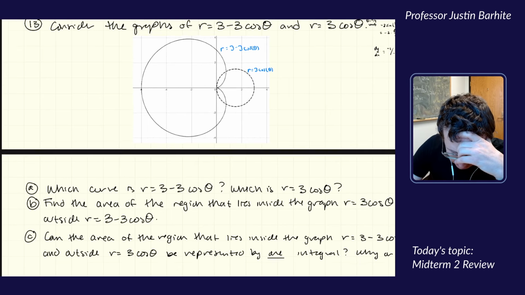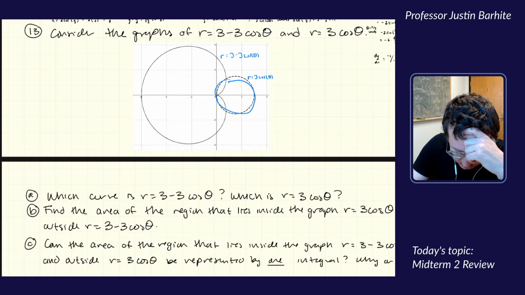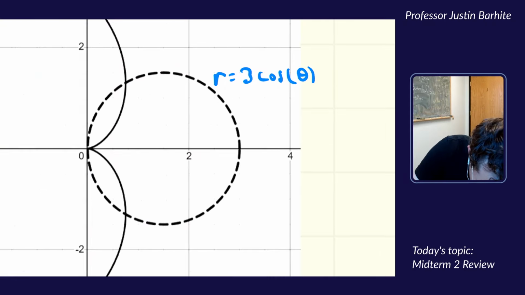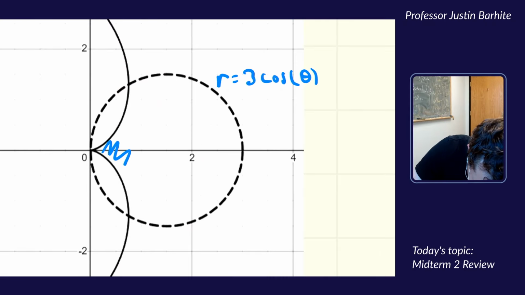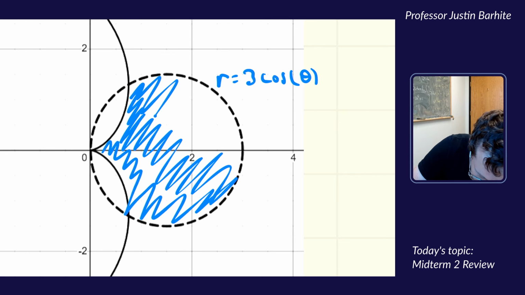Next, they ask us to find the area of the region that lies inside this and outside of the other one. So that's this. So they want us to find this area.